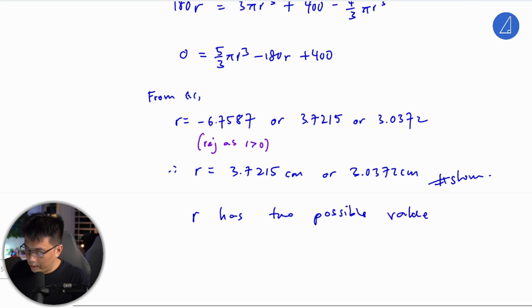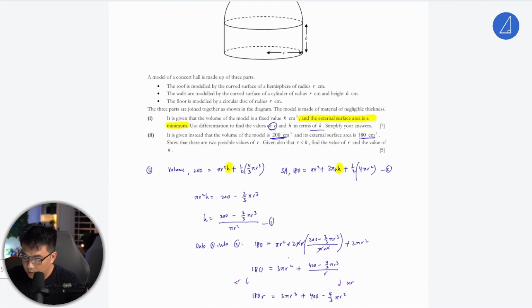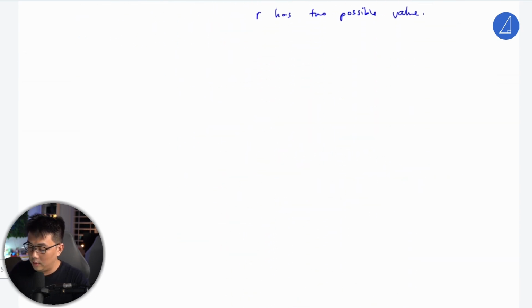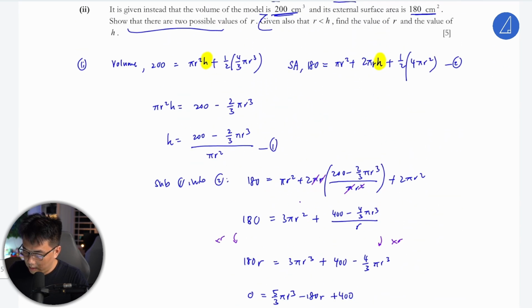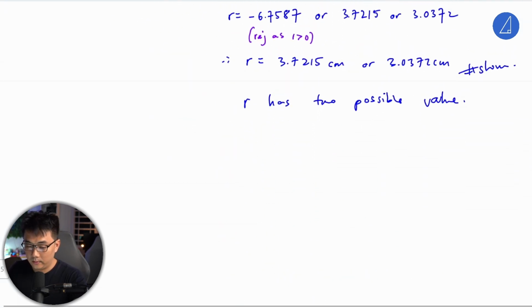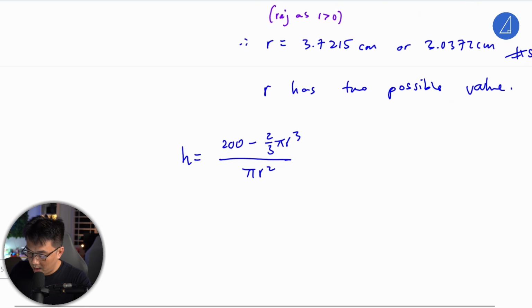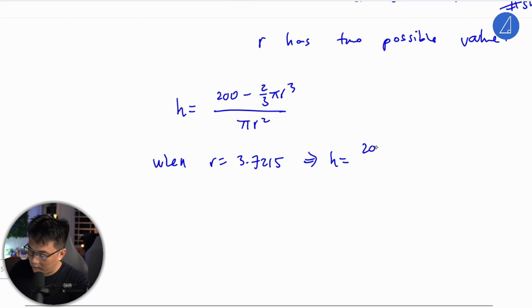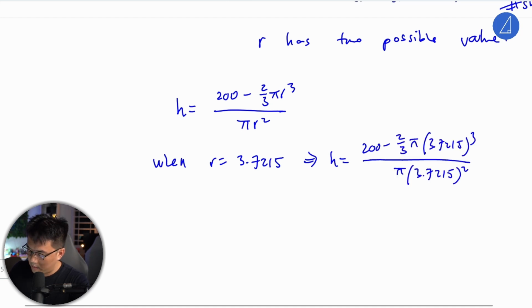Okay, then after which we need to find out, r has 2 possible values, right? Shown 2 possible values. Then given that r is less than h, find the value of r and the value of h. So we just need to find out. So using this formula here, when r equals 3.7215, h is equal to, just key into the calculator, 200 minus 2/3 pi r cube over pi r square.